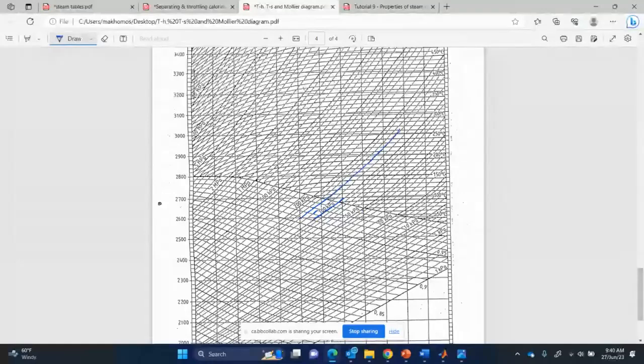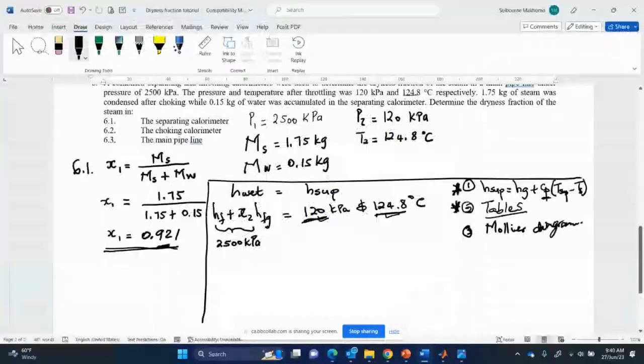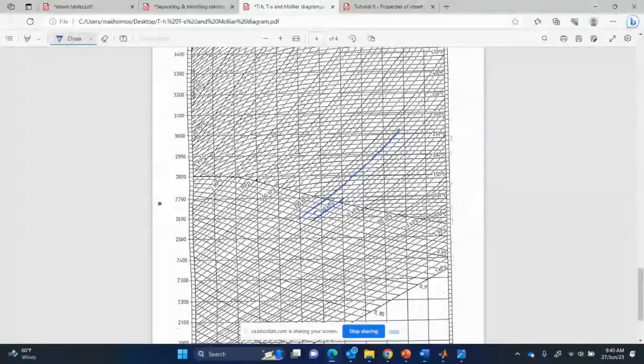Here's your 120. And then the temperature is 124, let's say 125. So 125 is somewhere here. Here is the intersection.